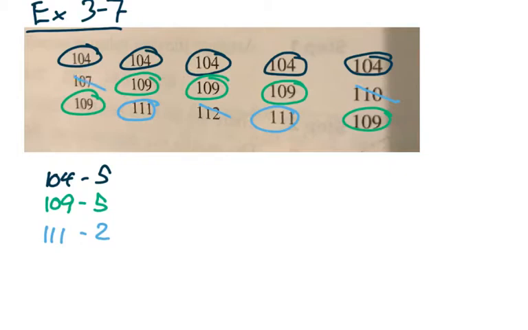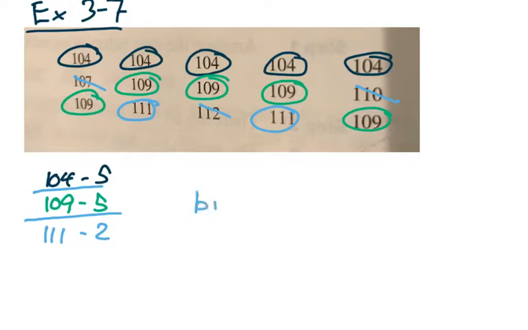So which one is the most frequent, 104 or 109? Well, they're tied. There's a two-way tie for first place, and as long as it's an exact tie, there can be multiple modes. It doesn't even just have to be a single mode or 2 modes. There can be multiple modes. In that case, it's called multimodal.